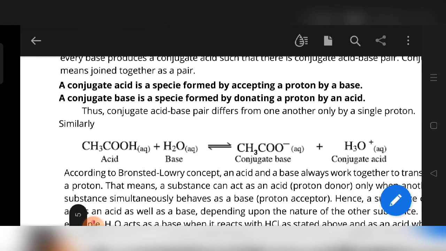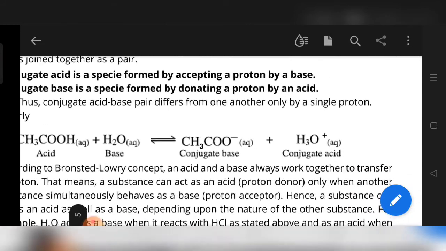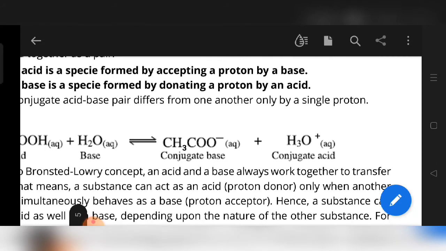But in the reverse reaction, the conjugate base now acts as a base, because after losing a proton, it can accept one and rejoin with hydrogen to form the acid. That's why it is called a conjugate base, and hydronium acts as a conjugate acid, because after accepting a proton, it has an extra proton and can donate it to any other substance.